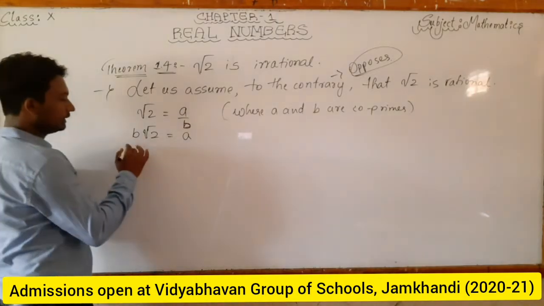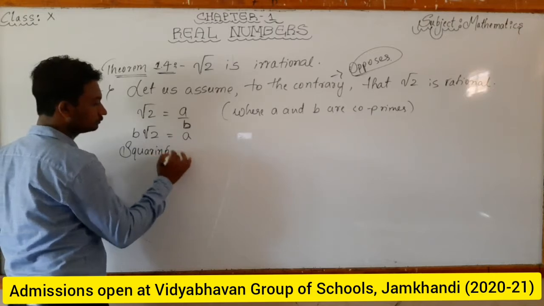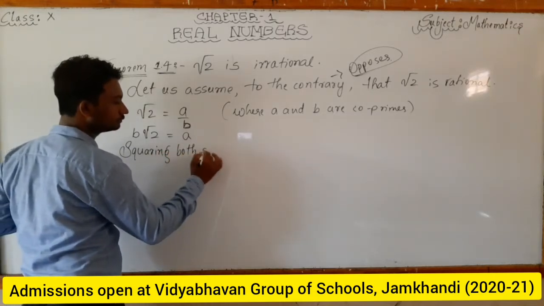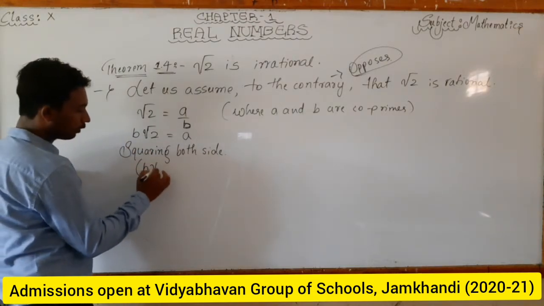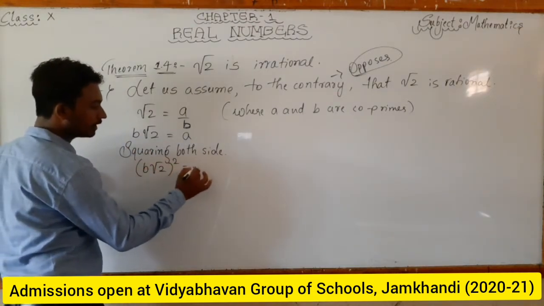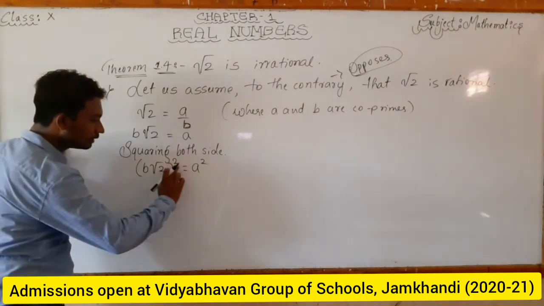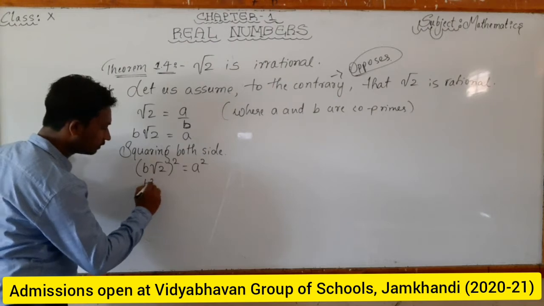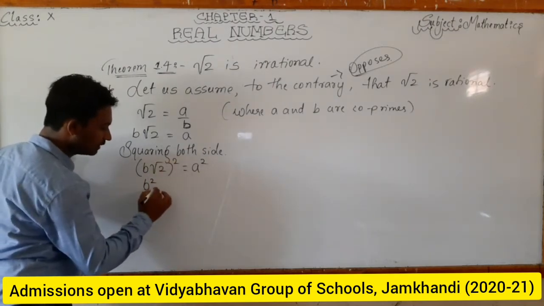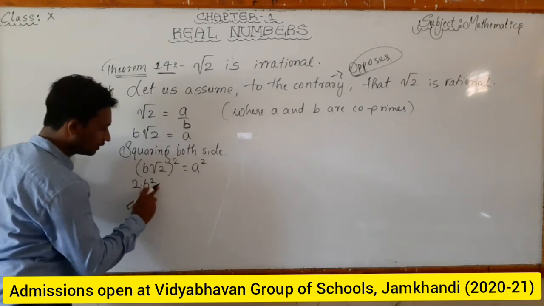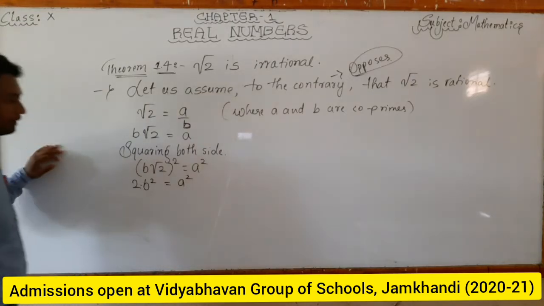Next, squaring both sides: b root 2 whole square is equal to a square. Now b square into root 2 squared, the square root cancels, so I will write 2 here: 2b square equals a square.